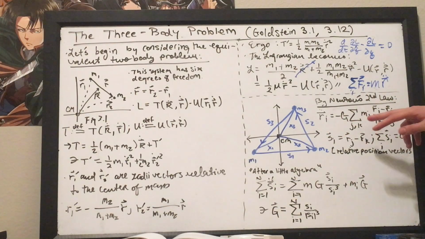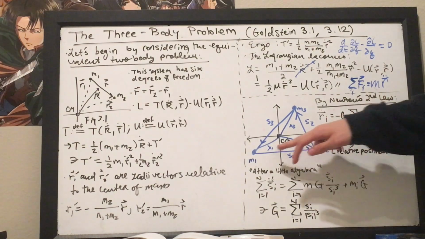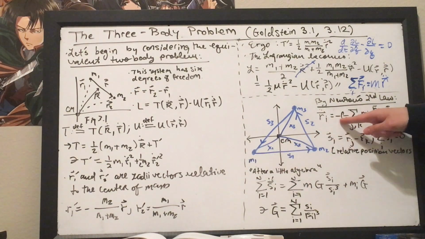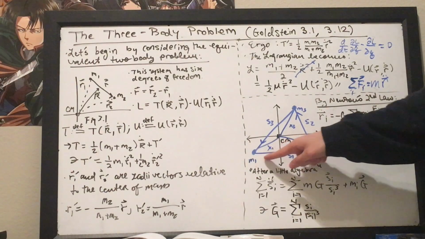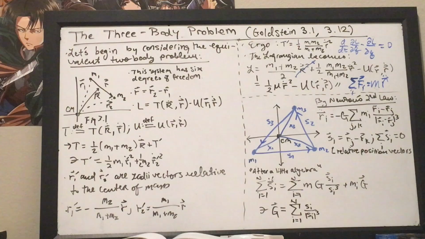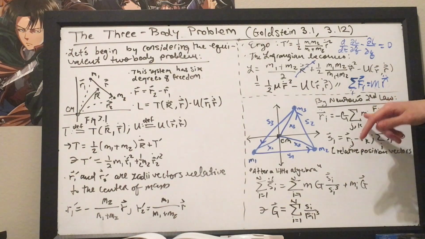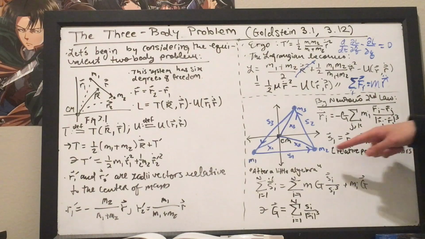So in this case, if we wanted to write this in terms of just the acceleration of our first mass, we would have negative G times the first mass times the quantity of the difference between, let's say, m1 and m2. So this vector here, s1, I believe, or rather we could just write out the coordinates and get what those are. I'm too tired to do this analytically.